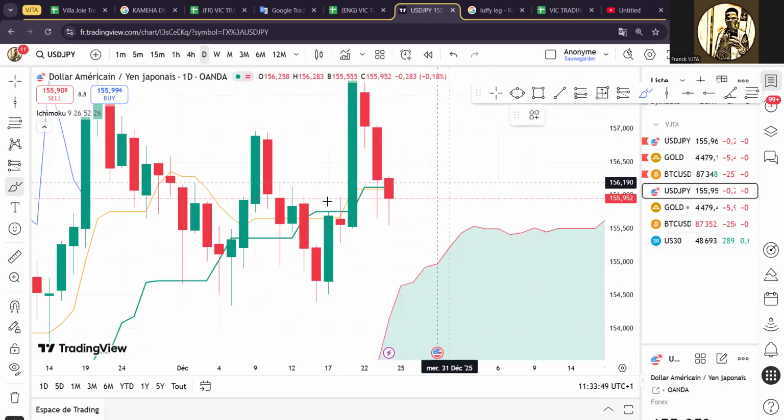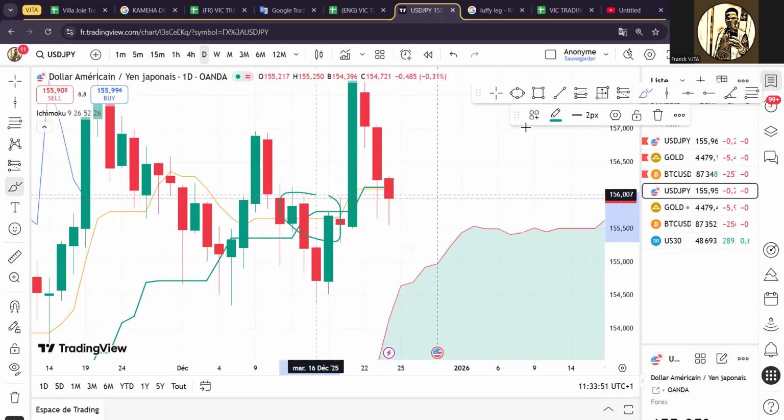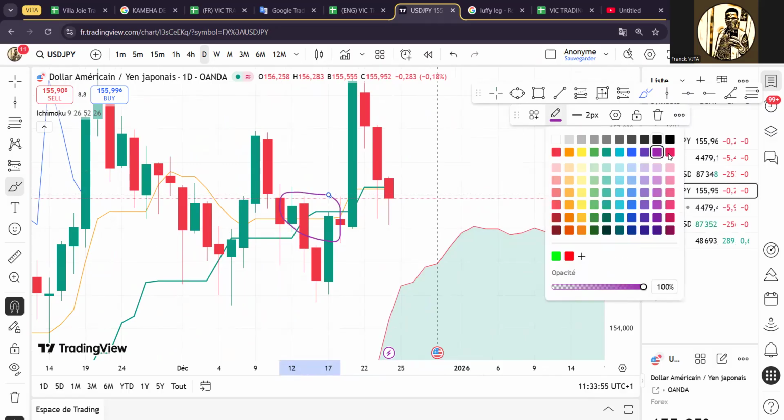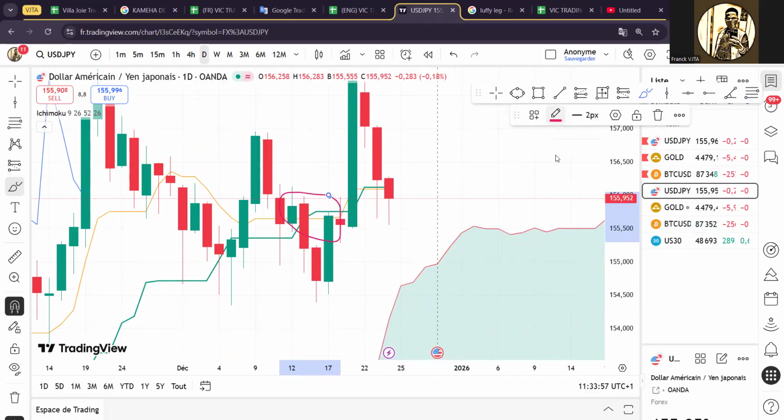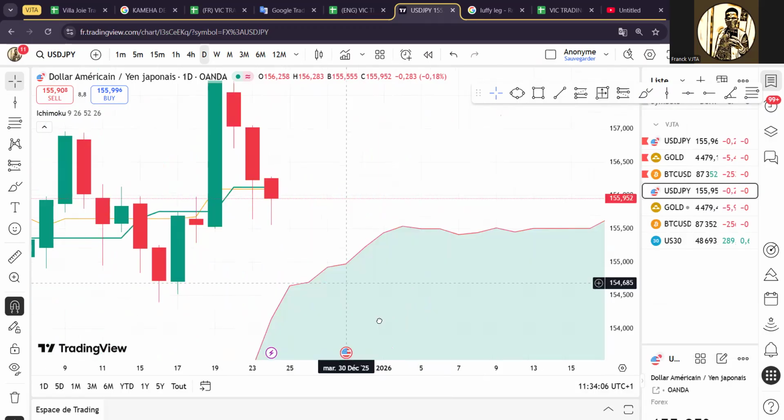We had here a correction, right? When you see very well, we had here a correction. Now, after that, what do we have? A push trend. Look at what happened during this push trend.